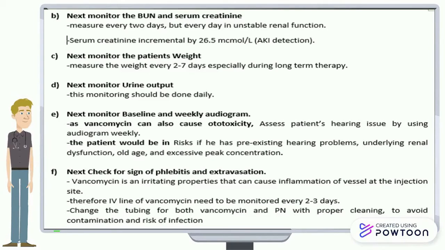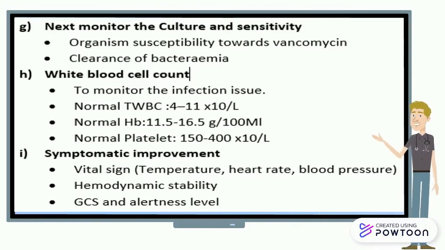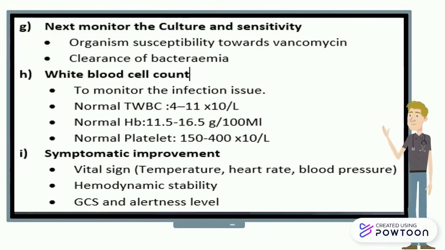We need to change the tubing for both vancomycin and parenteral nutrition with proper cleaning to avoid contamination and risk of infection. Next, we need to conduct culture and sensitivity tests so that we can determine the organism that is susceptible to vancomycin treatment, and also the clearance of bacteremia.